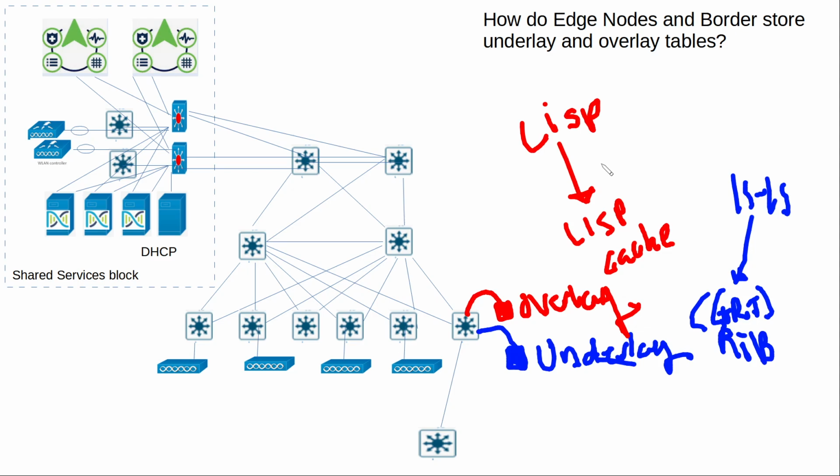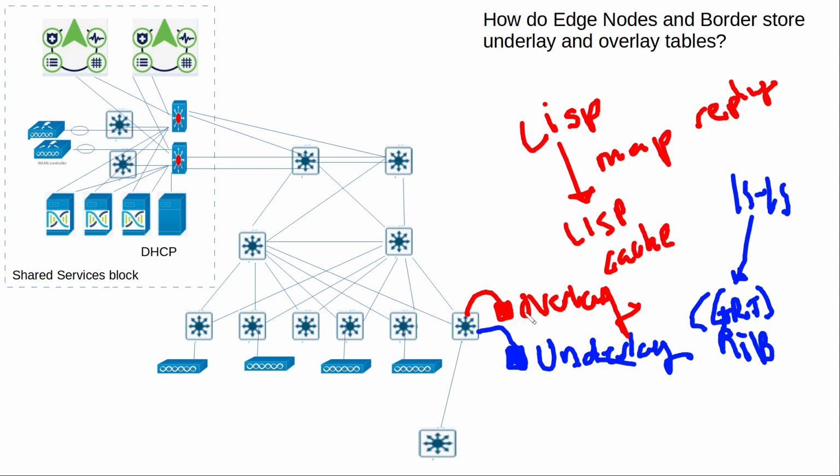And the information is basically arriving in the form of a map reply message. So remember that edge nodes and border nodes usually have to query the control plane node by sending a map request message, and when the control plane node answers, it will answer with a map reply message.